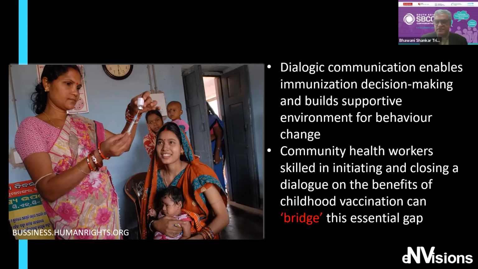There is enough evidence, not only in India but across the world, that dialogue with the concerned audiences and stakeholders enables immunization decision making, and it builds a supportive environment for behavior change from low vaccine confidence to the desired behavior of the parent bringing the child to the immunization center on the scheduled date at the scheduled time for the scheduled vaccination. So that's the kind of behavior change that needs to happen, and dialogic communication supports that.